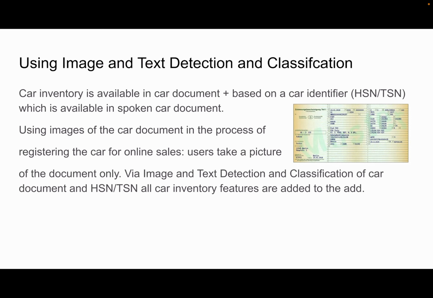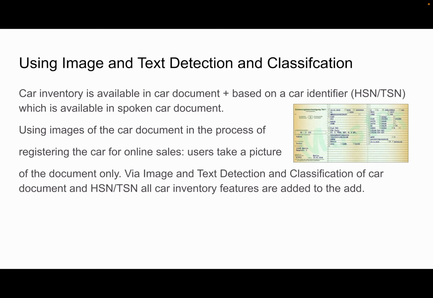So the users take a picture of this car document, upload it to the platform, and automatically via image classification and text detection, we add all the car inventory to the ad, so the user does not have to do it on their own.